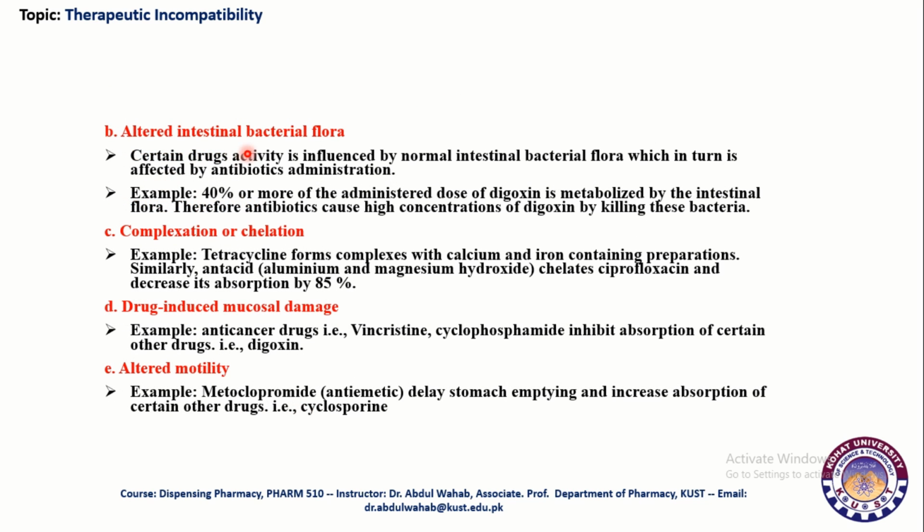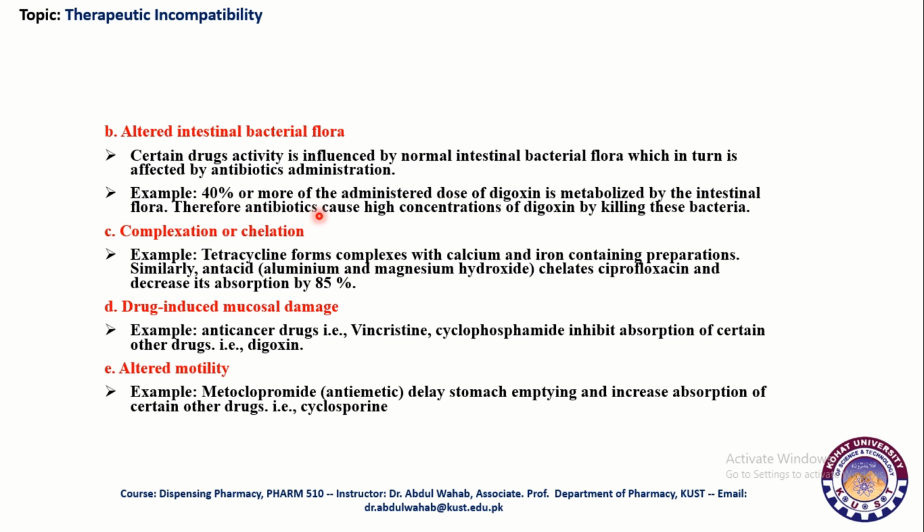Altered intestinal bacterial flora. Certain drugs' activity is influenced by normal intestinal bacterial flora, which in turn is affected by antibiotic administration. Example, 40% or more of the administered dose of digoxin is metabolized by the intestinal flora.